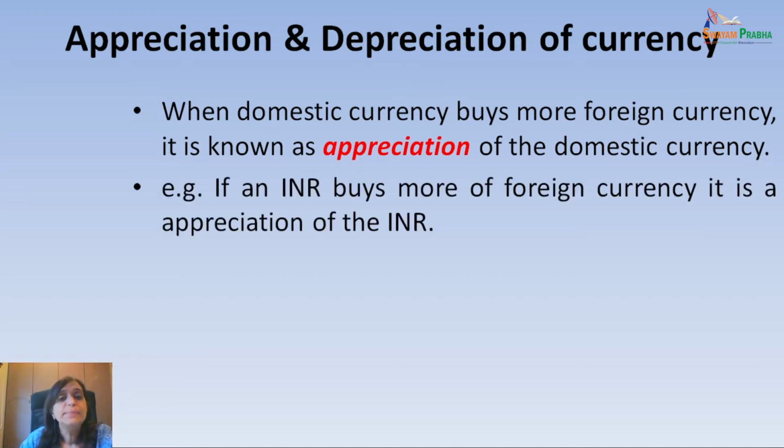For example, if the Indian National Rupee INR buys more of foreign currency, it is called appreciation of INR. Let us say in our previous example, we had said that $1 is equal to 80 INR. That means for taking $1, you have to pay 80 rupees. Now let us say you go to the bank today and the bank tells you, now the dollar rate is for $1 you have to pay me 75 rupees.